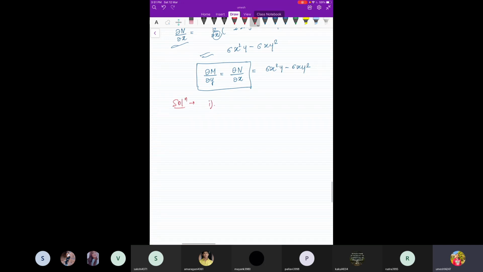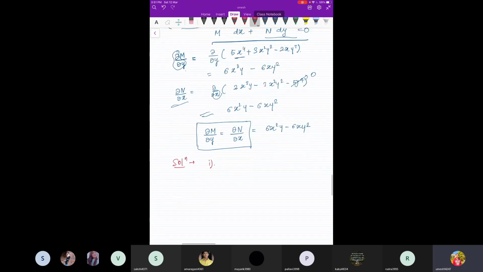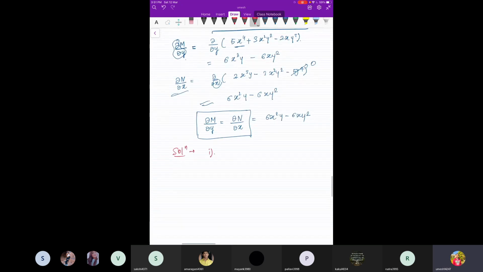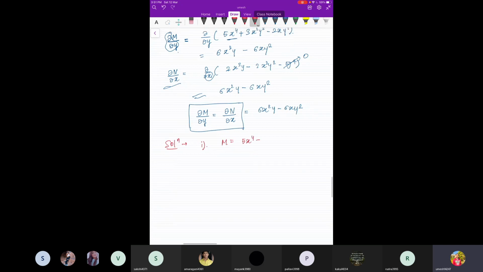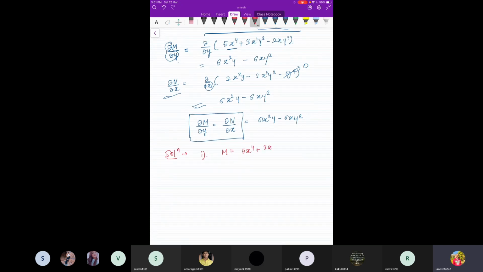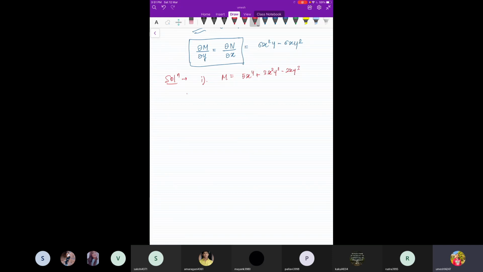So in the first step, what we have to do is integrate m with respect to x. So our m is 5x to the power 4 plus 3x square y square minus 2xy cube. Now we have to integrate it with respect to x, simple.